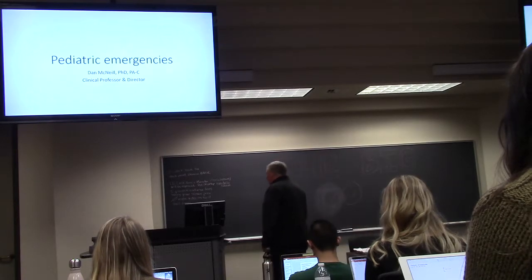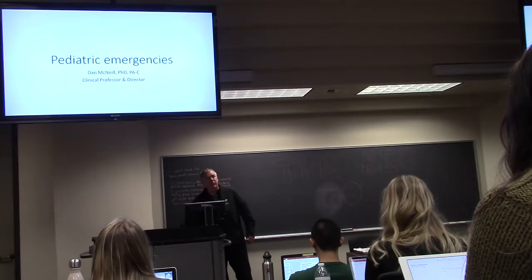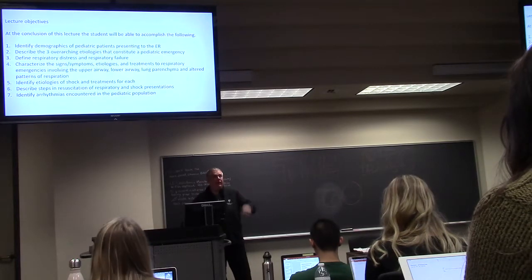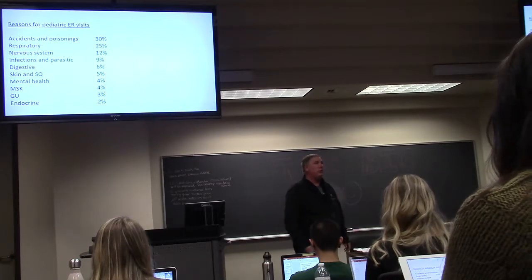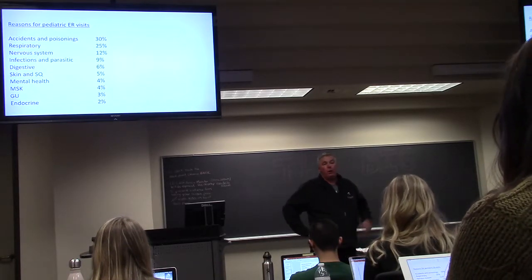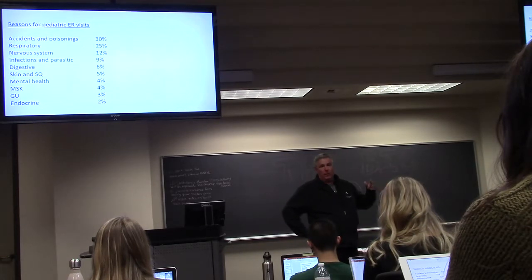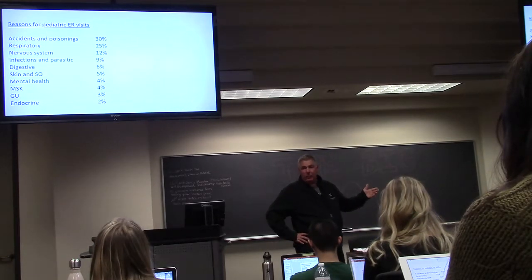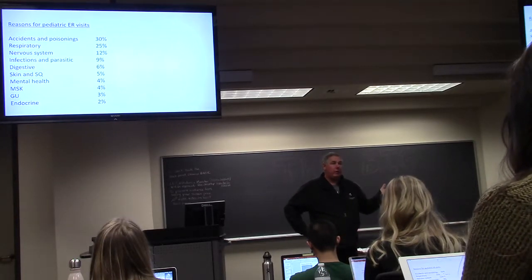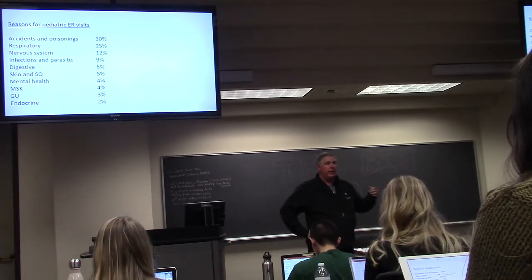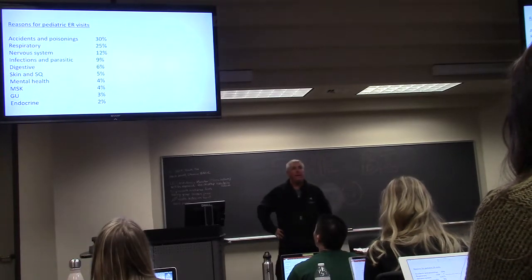And if you just look at the incidence of kids showing up to, there's the objectives. If you look at kids showing up to emergency rooms, you'll see that a fourth of them involve the respiratory system. Now, most of those are going to be asthma related, but you also have to look into things like asphyxiation, drowning, and so on. Okay.